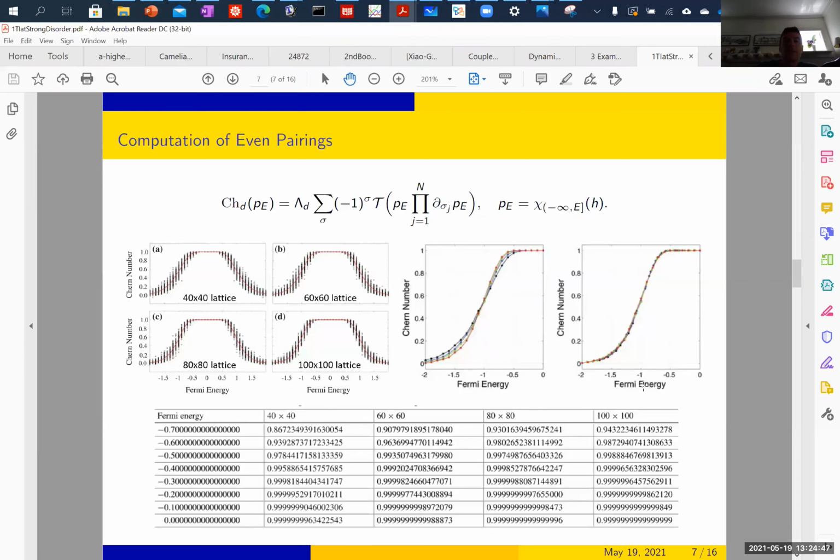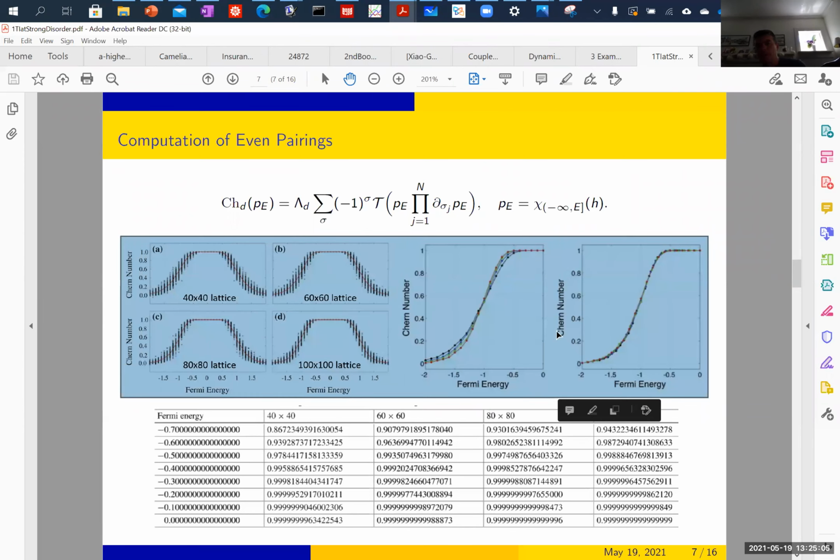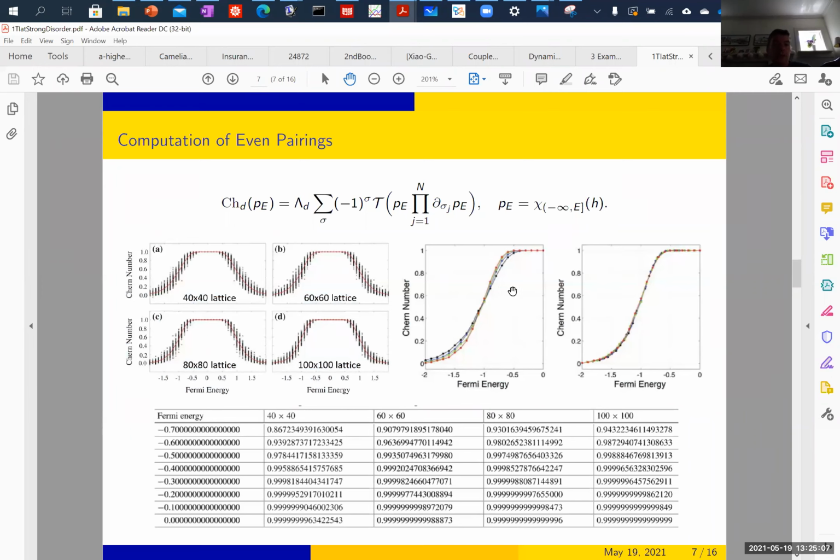But nevertheless, as you take your system larger and larger, you observe the single parameter scaling predicted by critical quantum transitions, and you can be quite confident that there is a critical point somewhere around.